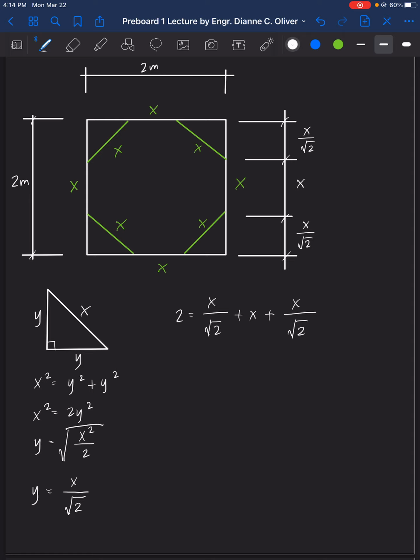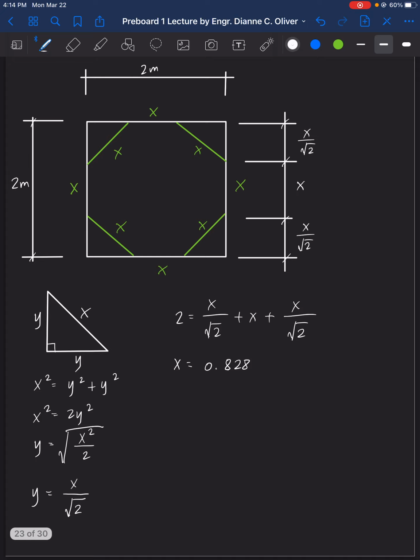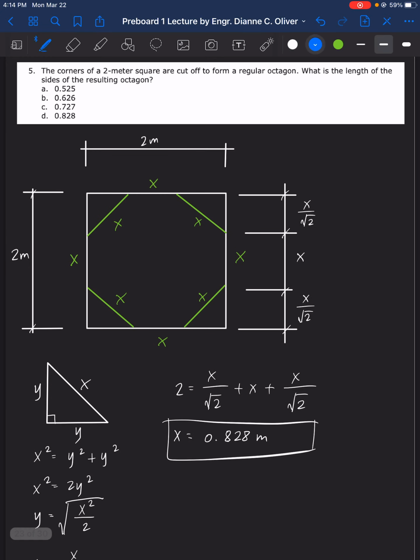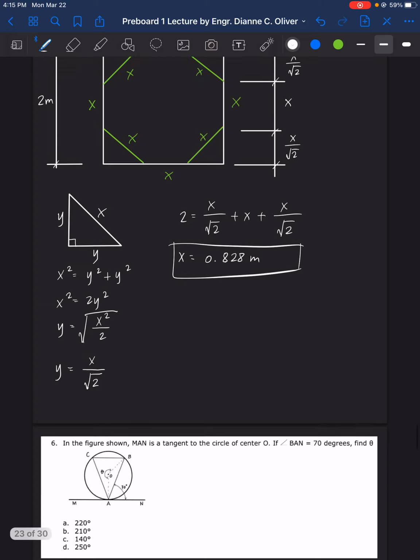So using the calculator here, we have x is equal to 0.828 meter. From the choices, the right answer here is letter D, 0.828. So this is number 5. Next, let's go to number 6.